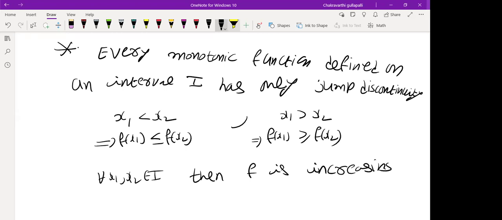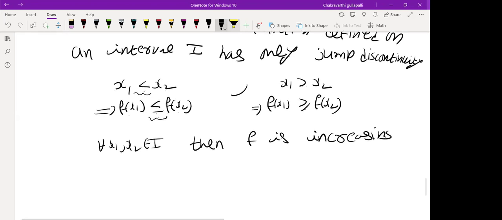That means x1, x2 and f of x1, f of x2 should go in the same direction. If this is less, this also should be less or equal, worst case. If this is greater, this also should be greater. If they move in the same direction, then it is increasing. If they go in the opposite direction, then it is decreasing.